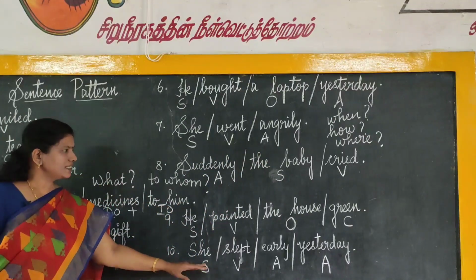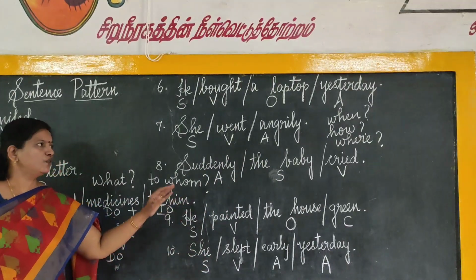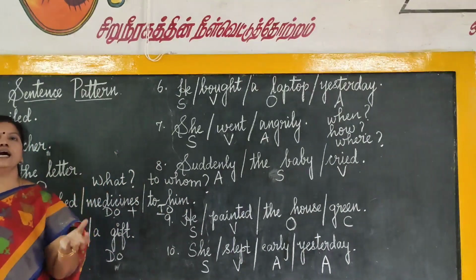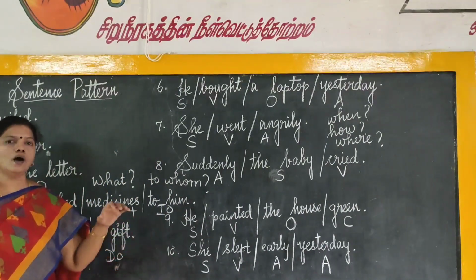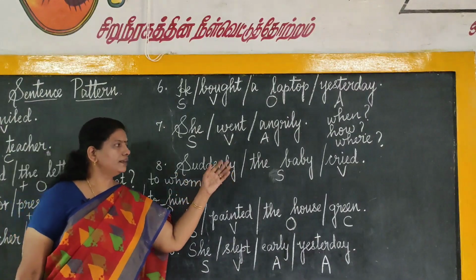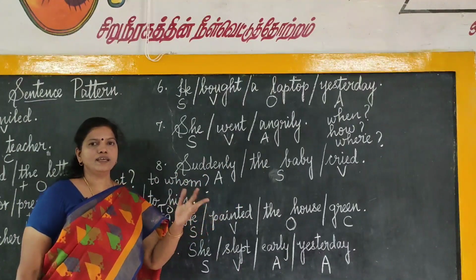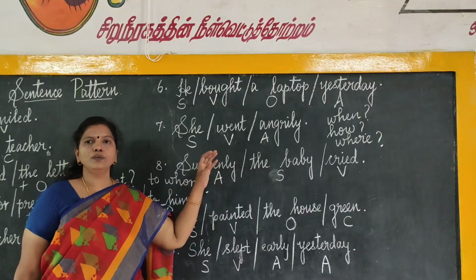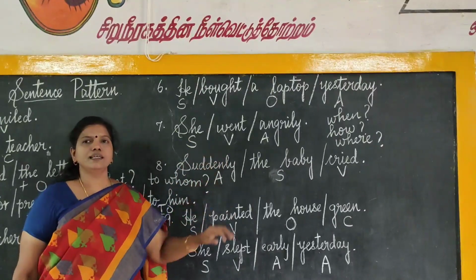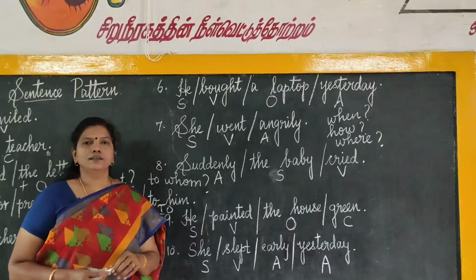So these are the sentence patterns. Sometimes you may be given some sentences and asked to identify the sentence pattern, or else a pattern will be given and you will be asked to write a few sentences, the vice versa. So I think now you will be able to identify the sentence pattern, right? Thank you for watching.